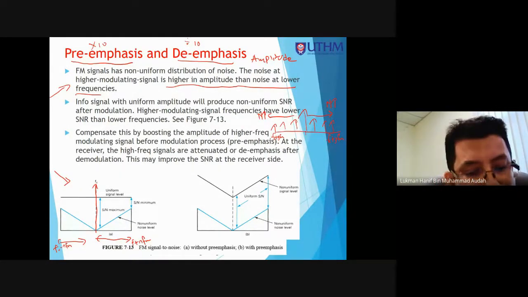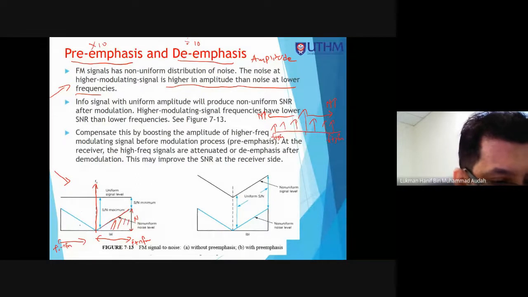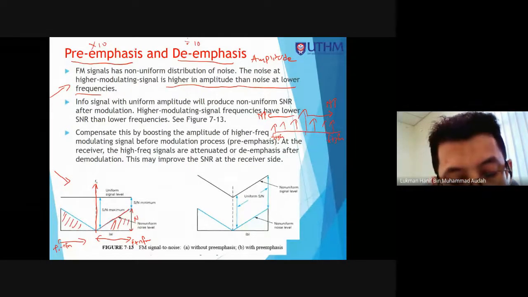Okay, so you see that lagi jauh lagi besar nilai modulating frequency, lagi tinggi nilai noise level. So this is actually noise level. Okay, so this is the noise. Noise level semakin meningkat apabila nilai FM semakin besar.